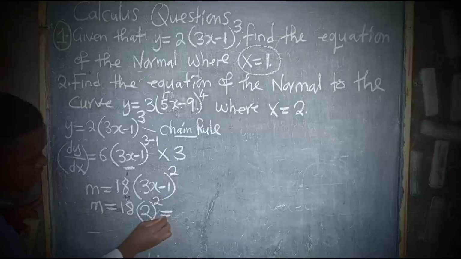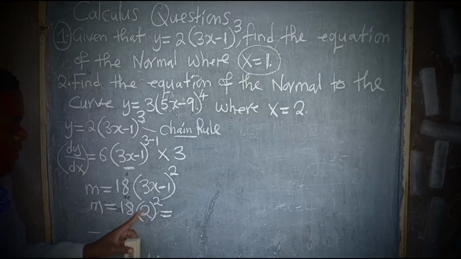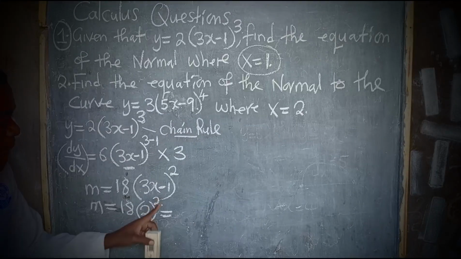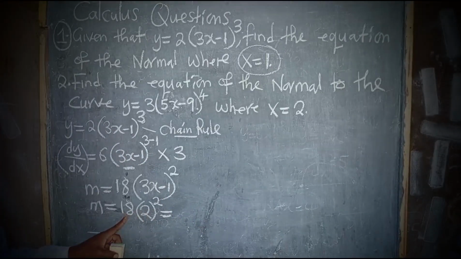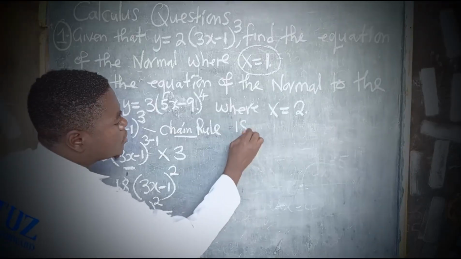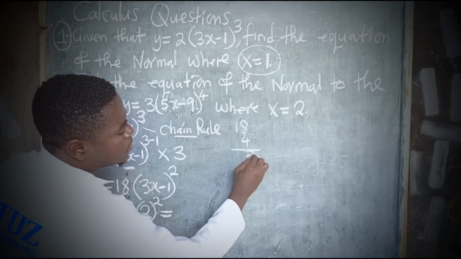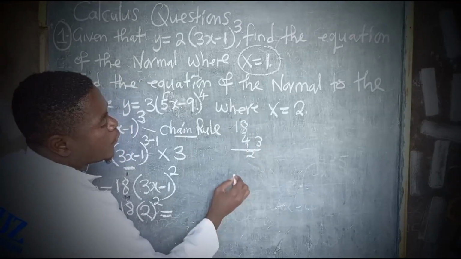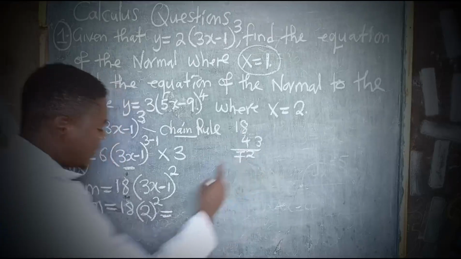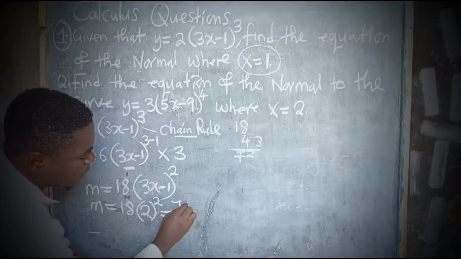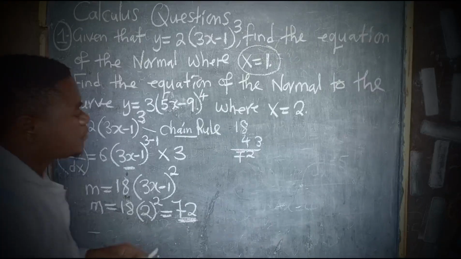What answer are we getting here? 2 to the power 2 is 4. 4 times 18. You are allowed to use a calculator. We are getting 72. So our answer is what? 72. 72 is the gradient.